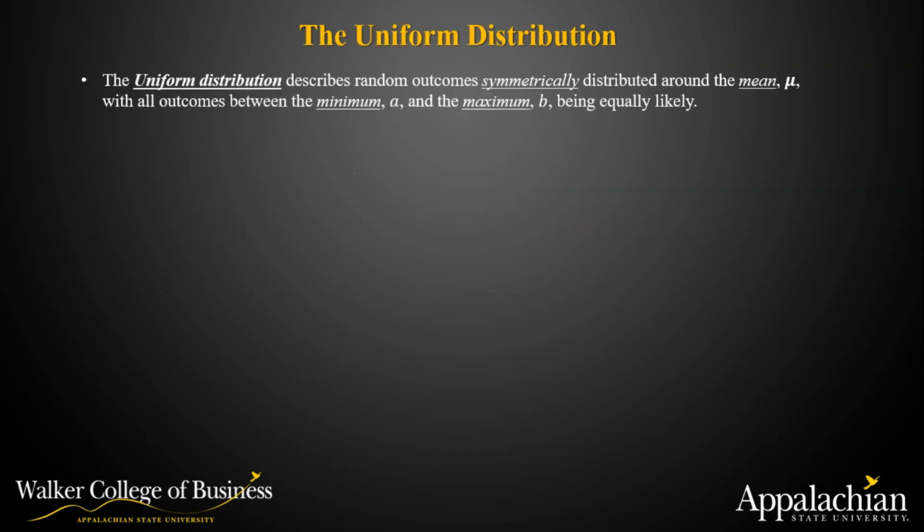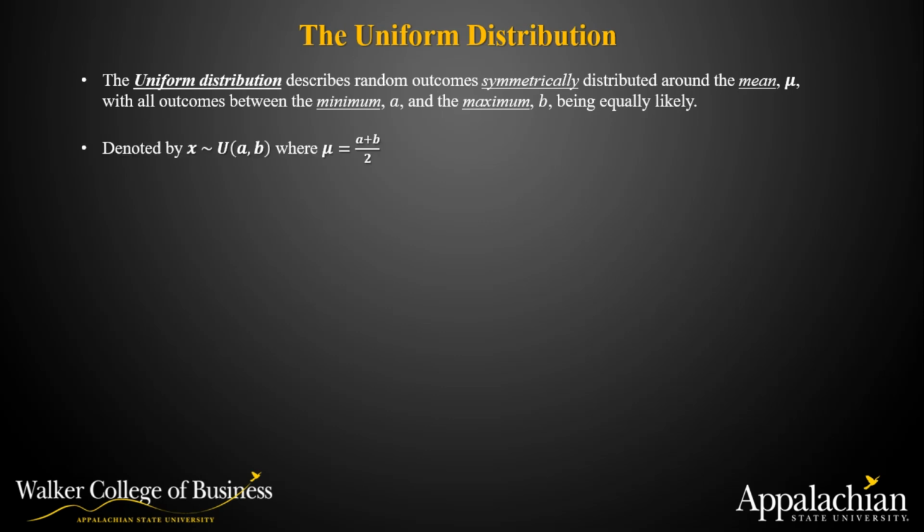So the continuous uniform distribution describes random outcomes that are symmetrically distributed around the mean, mu, with all outcomes between the minimum, which we denote by A, and the maximum, which we denote by B, being equally likely. So all outcomes over the range A to B are equally likely to occur.